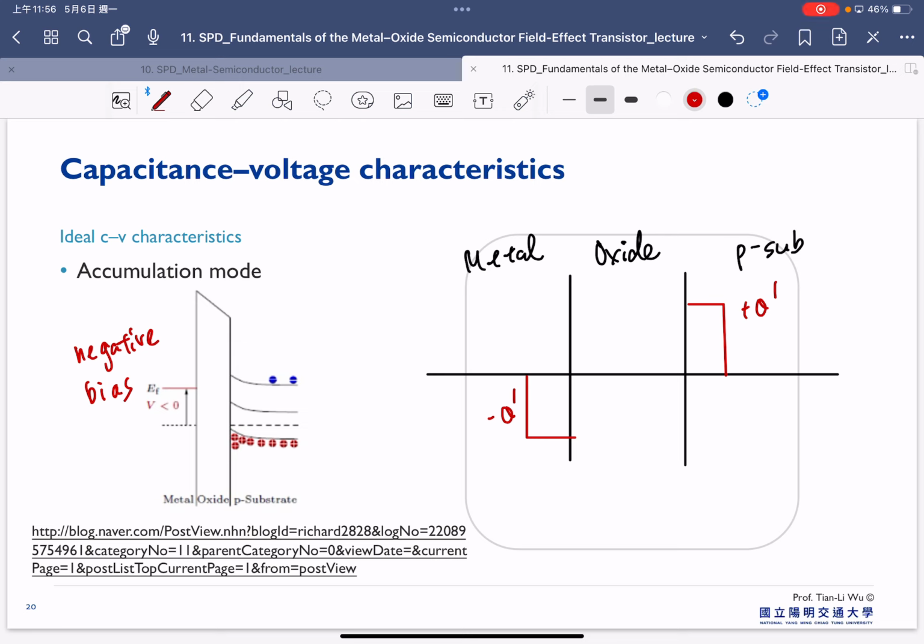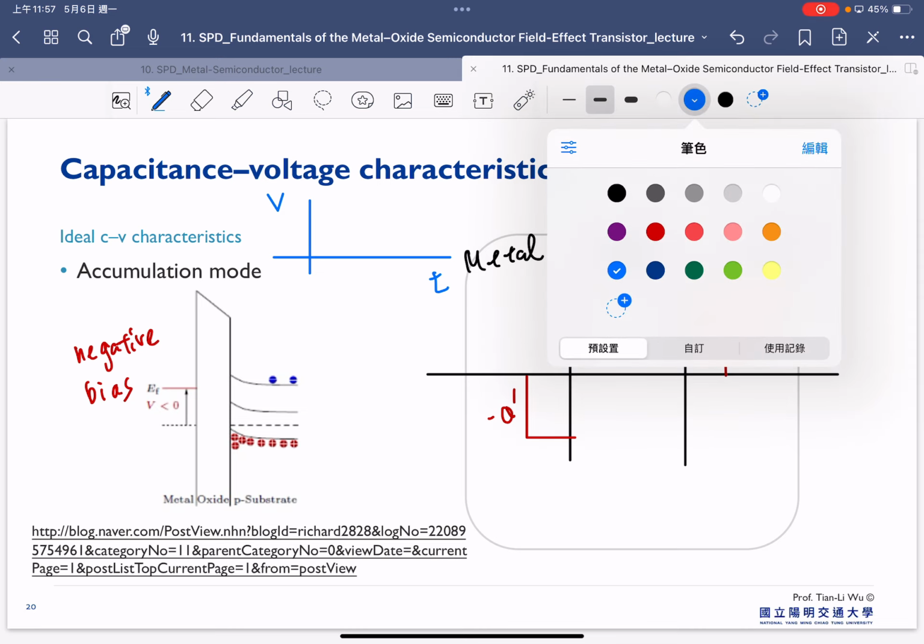But something additional is, right now, if we consider the CV characteristic, we not only consider the DC bias, we also have to consider the AC bias. So the DC bias, if you try to plot the voltage versus time, first of all, we apply the constant DC.